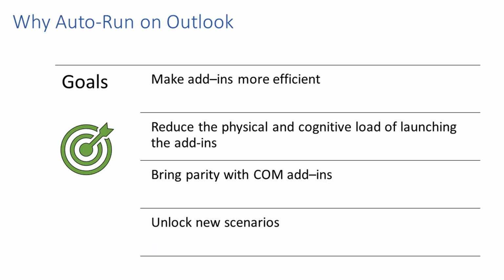All the information and details is here, and start taking advantage of it. So with that, I'm going to start by describing what we call Autorun internally here in the team. I don't know what's going to be the final name, but basically the idea is that usually with add-ins in Outlook, most of you are creating add-in commands.